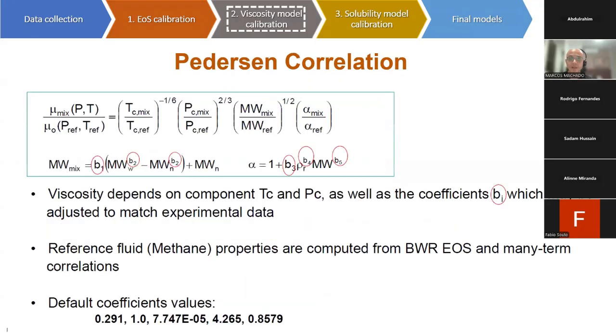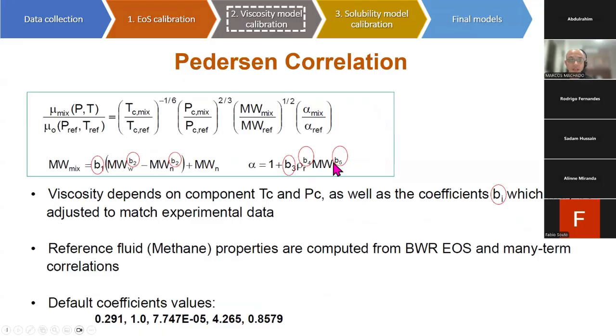Pedersen has fewer degrees of freedom, so you have fewer coefficients available to be tuned when you compare with JST. We have five coefficients to be used.